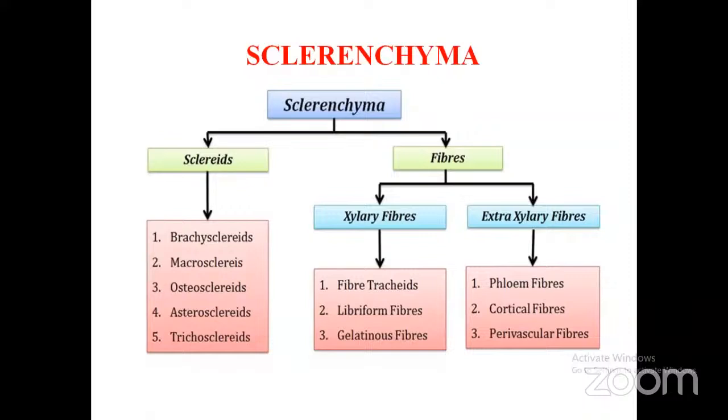But if you see the sclerenchyma cell wall composition, lignin is present in the secondary walls. In sclerenchyma, just wait, let me take the marker. In sclerenchyma, for example, these are sclerenchyma cells, and both primary and secondary walls are present.